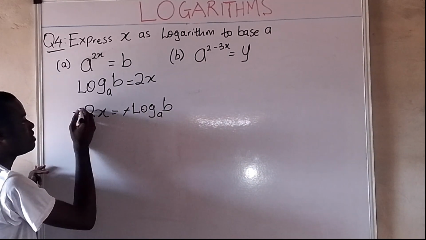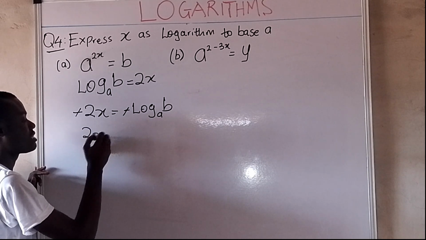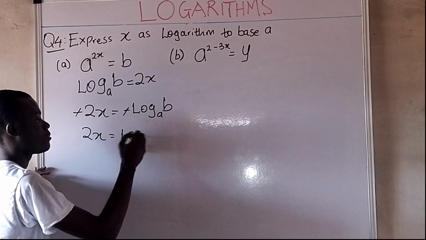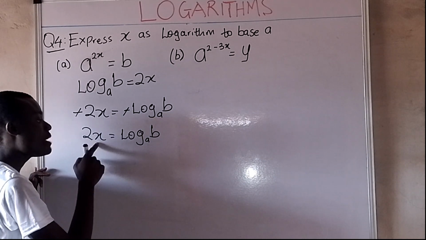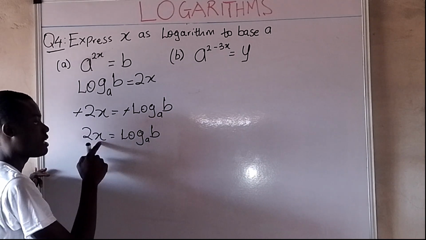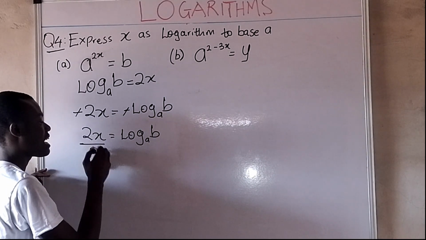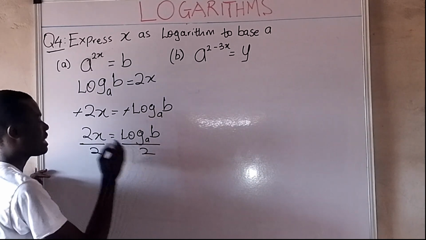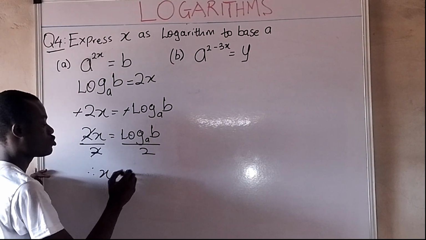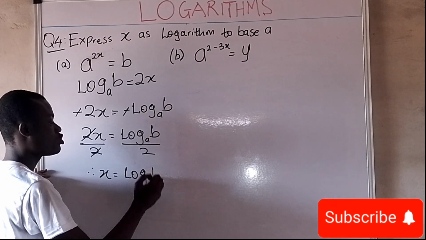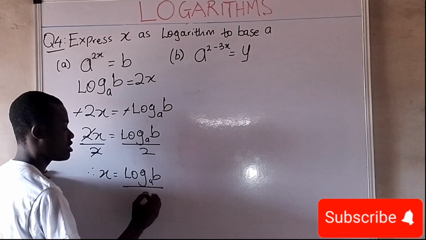Now minus will eliminate the minus sign, so I have it as 2x is equal to log b to the base of a. Now we are told to make x the subject of the formula. It simply means I'm going to divide both sides by 2. When I divide, 2 cancels 2. So therefore, x is equal to log b to base a over 2.